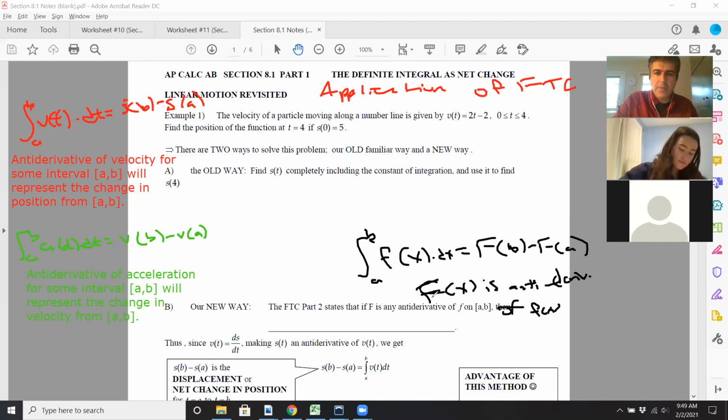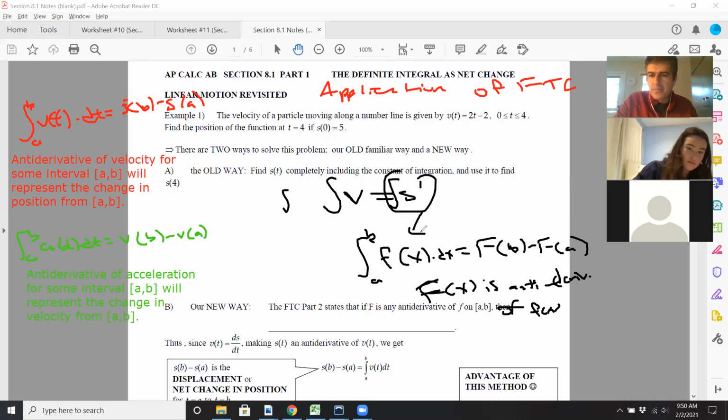That's what we're noticing here. And also the fact that velocity equals s prime, right? So if I do that, then this essentially becomes this right here, where I'm doing the antiderivative of a derivative, it gets me back to s. So that's really what's going on here.